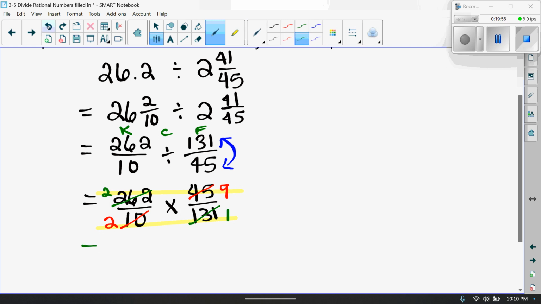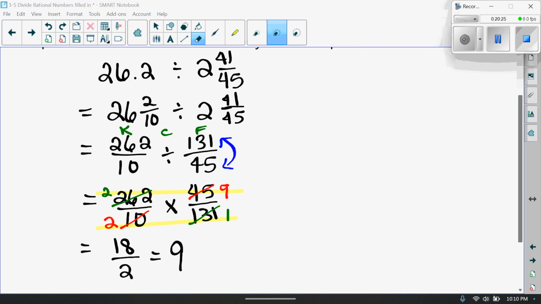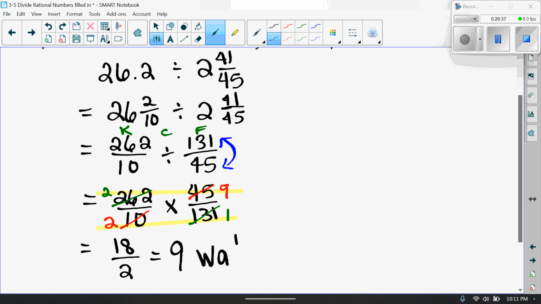So we will multiply 2 times 9, that's 18. So here, this improper fraction, we can simplify 18 divided by 2, and that gives me 9. So that means we are going to have 9 water stations.